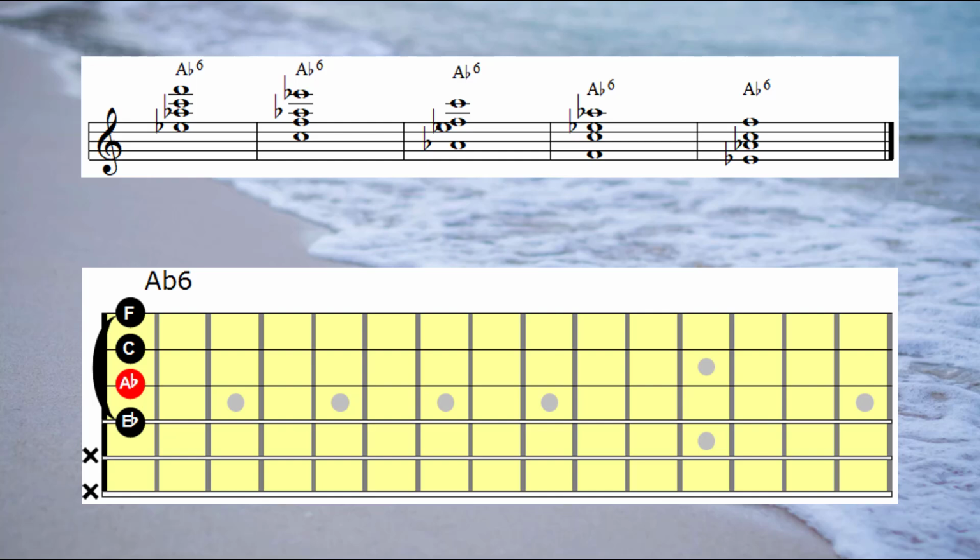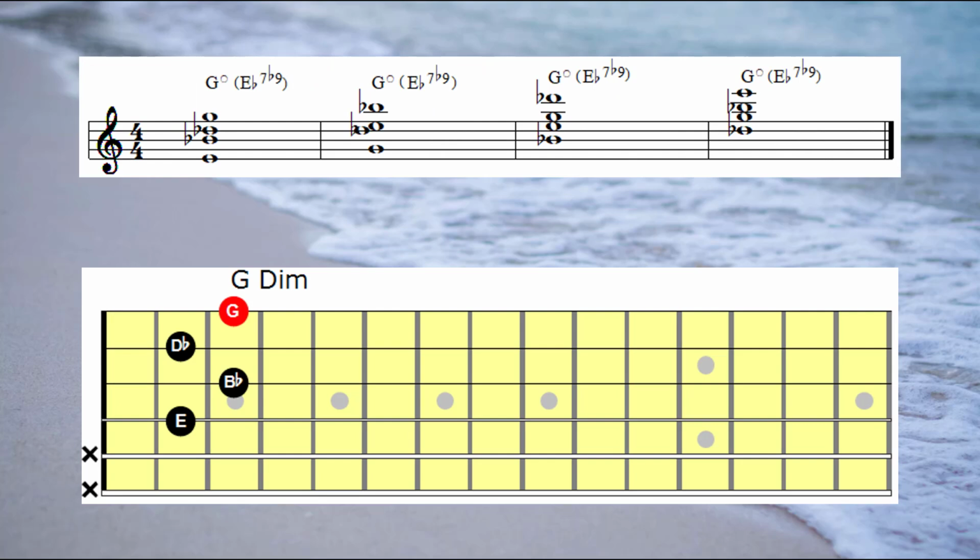Right then, the next step will be to play the various inversions of the G diminished chord on the first four strings.